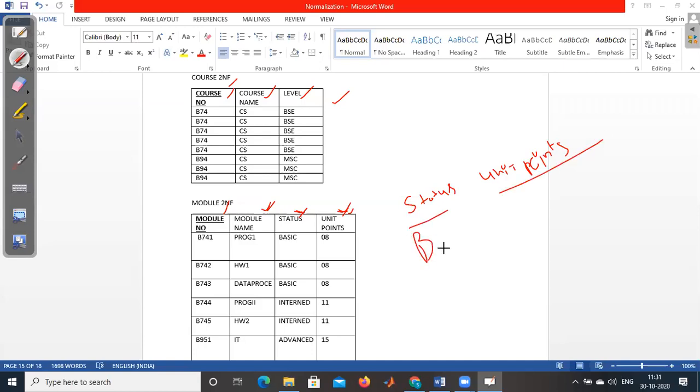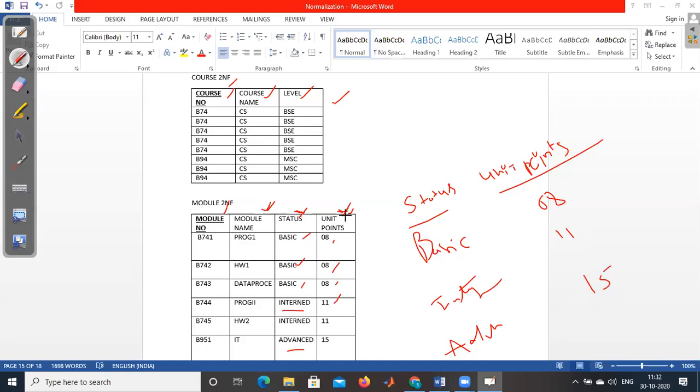Status is basic. If it is basic, automatically the unit points will be 8 only. If it is integrated, we get 11. Advanced, 15.